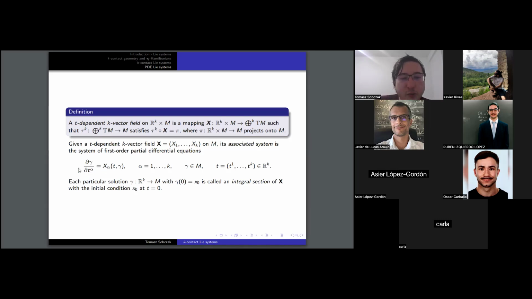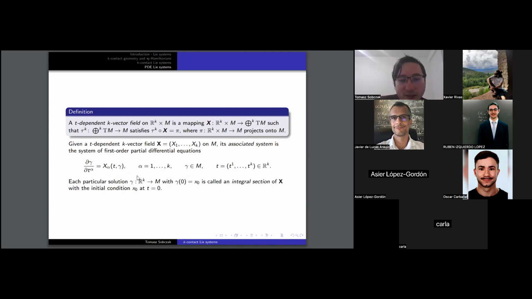It was the differential with respect to the parameter t alpha, because our t is not from R, it's not only one t, it's from R^k. Now these elements do not only depend on gamma itself, but also on this whole parameter t. So now we have time-dependent parameters, not only time-independent or t-independent.